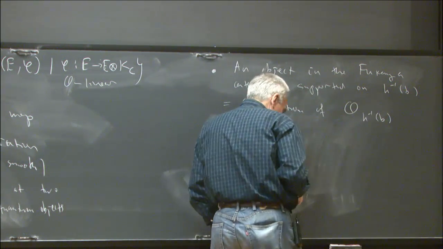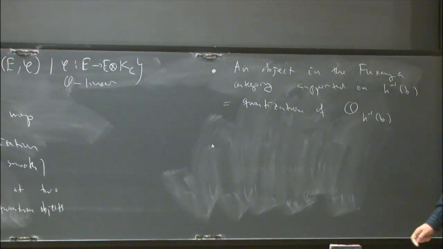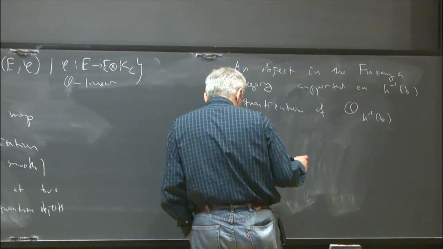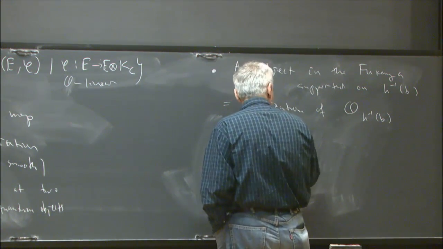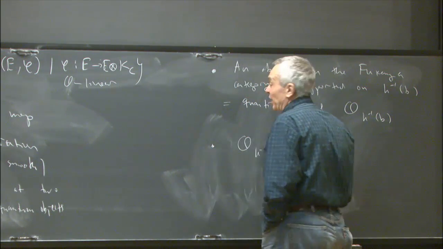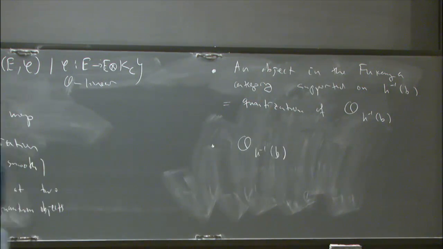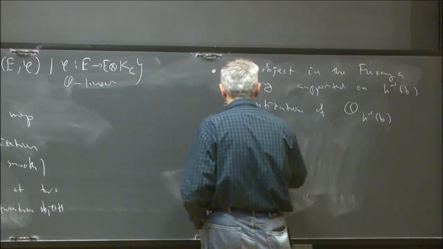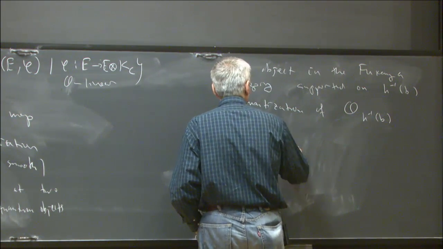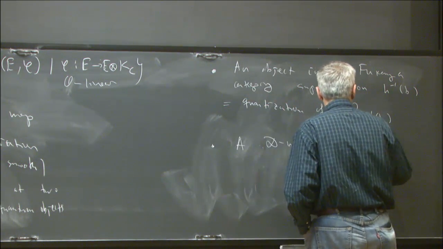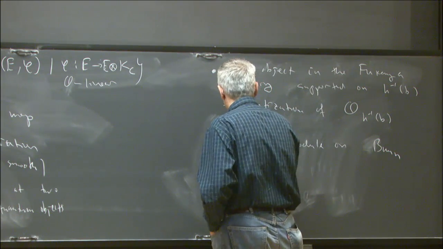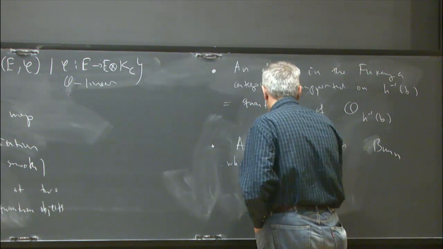And then there is another object that you can construct: you take the structure sheaf of that Lagrangian, think about it as an element in this category, and then quantize it to a D-module. So a D-module on Bun, again, which quantizes or micro-locally quantizes.